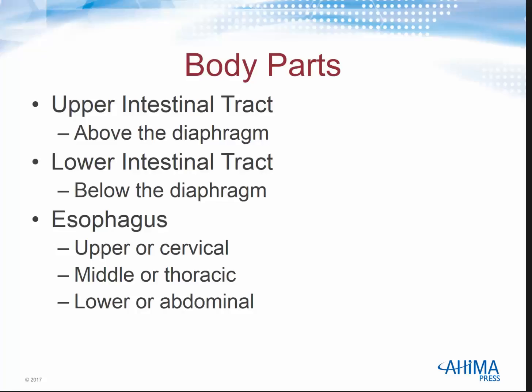Upper intestinal tract includes the portion of the GI tract from the esophagus down to and including the duodenum, and the lower intestinal tract includes the portion of the GI tract from the jejunum down to and including the rectum and anus. So she's giving you some of the divisions: when we say upper intestinal tract, what's included in that, and when we say lower intestinal tract, what's included in that.